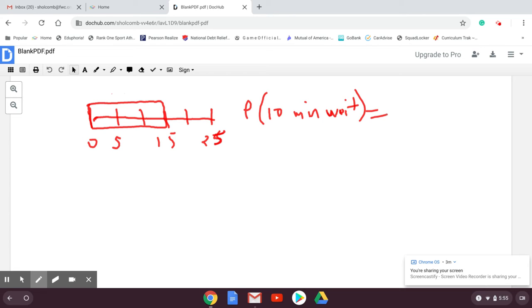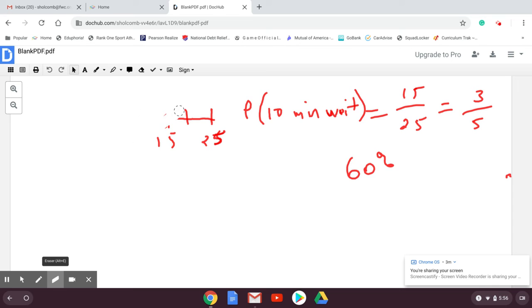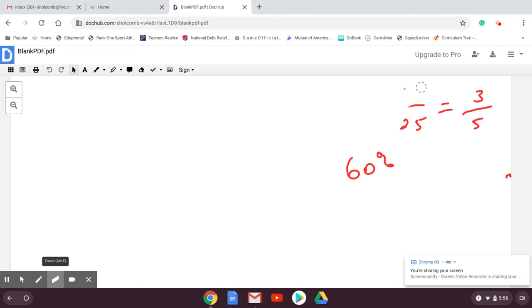Is going to be equal to the segment 15 over the segment 25, which can be simplified down to divide both by 5, and you've got 3/5, but we would probably call that probability-wise 60%, and you would usually turn it into a percent, but just read the directions on MyMathLab. All right, so that's more of a linear type probability problem. Again, a lot of times you'll see it with time.